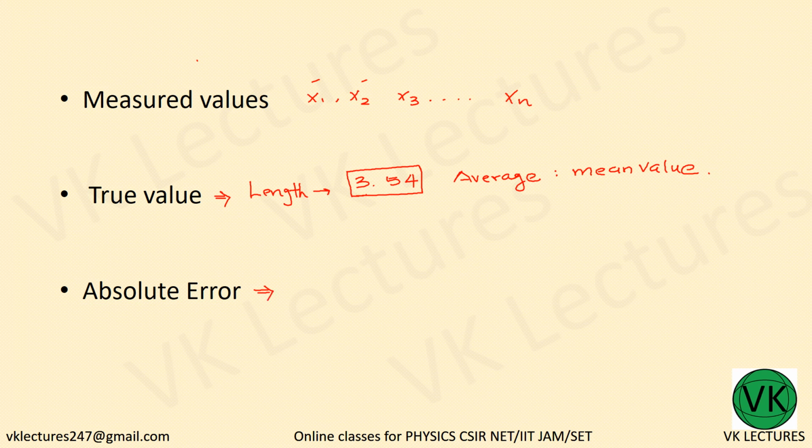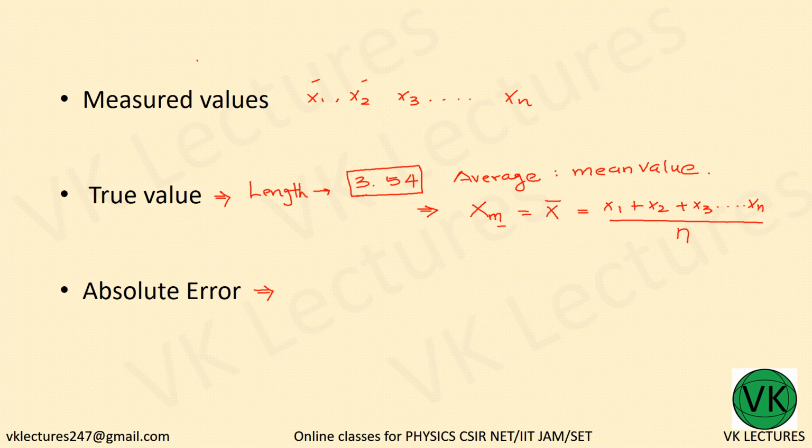Before going to absolute error, let us give a formula for the average value. It is represented by xm, indicating the mean, or sometimes by x bar, indicating the mean value. Then you have x1 plus x2 plus x3 etc. up to xn divided by the number of trials.